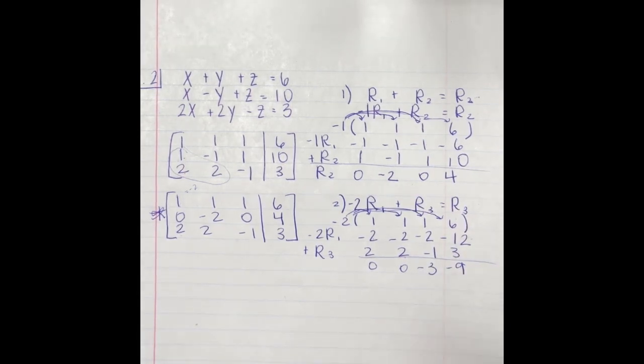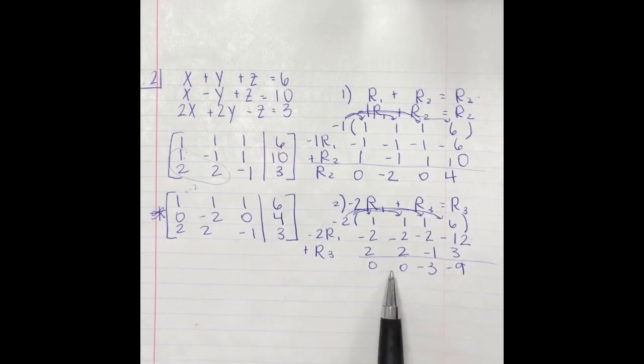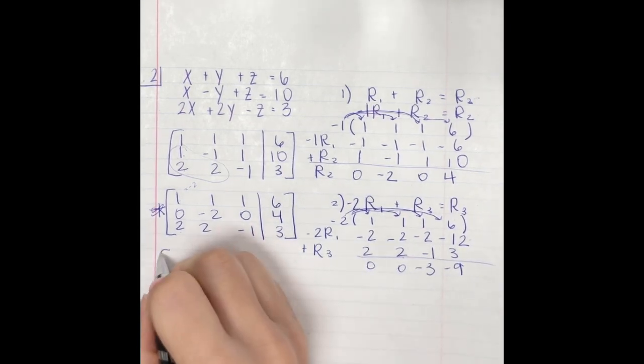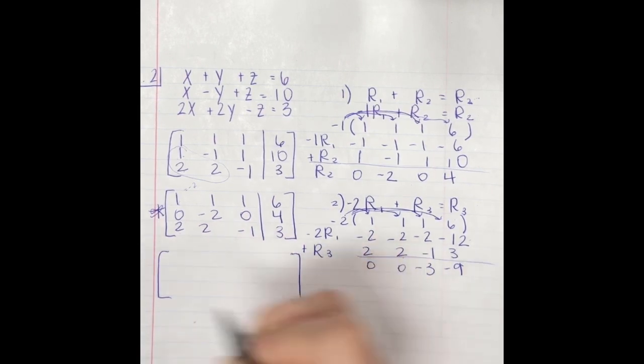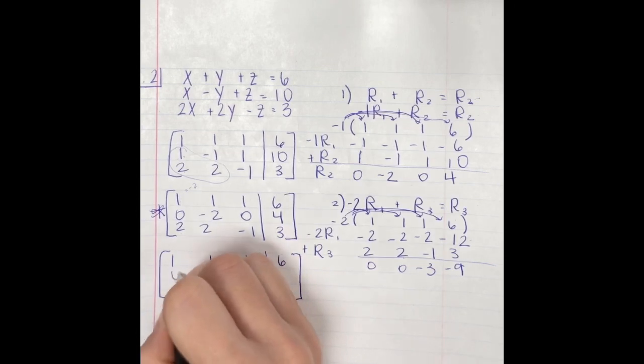Okay, so step 2 actually took care of step 3 for us also. Notice that we ended up with 2 zeros, a 0 here and a 0 here. Let's look at it. So I didn't change my row 1. I didn't change row 2.